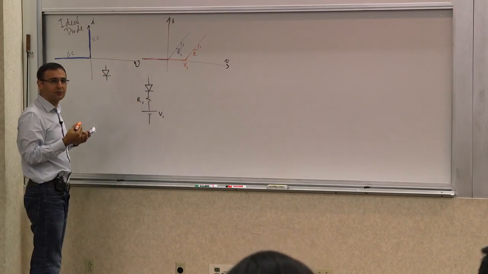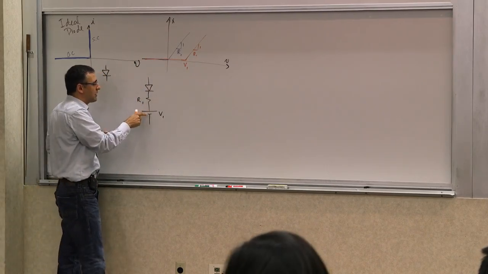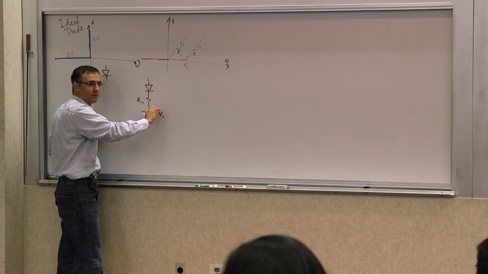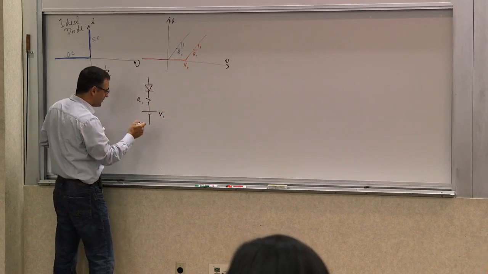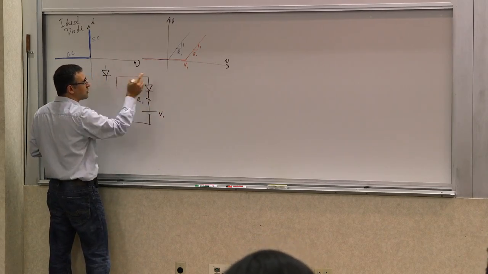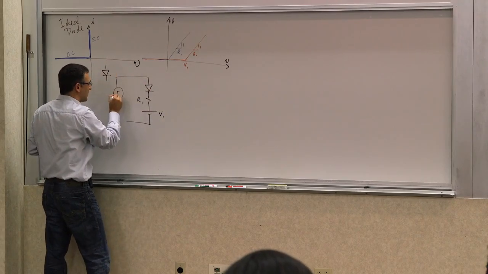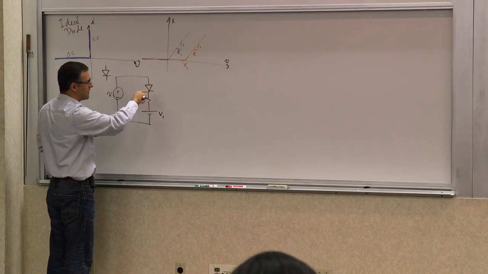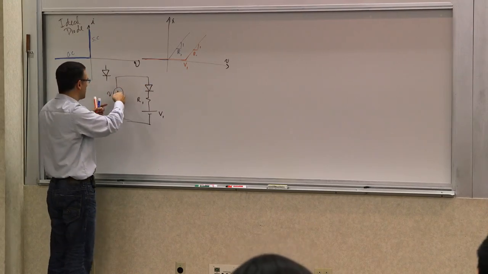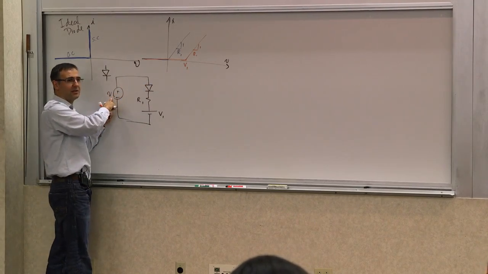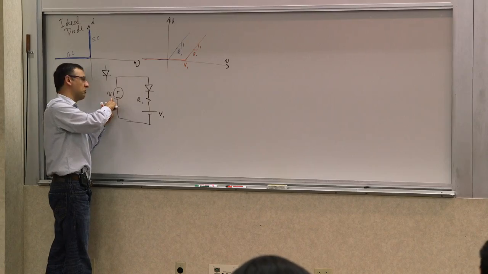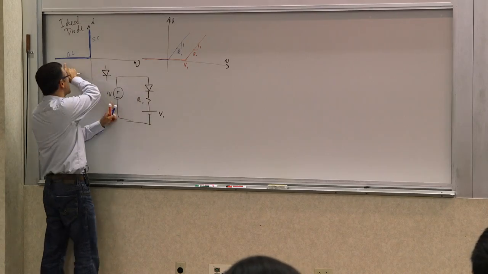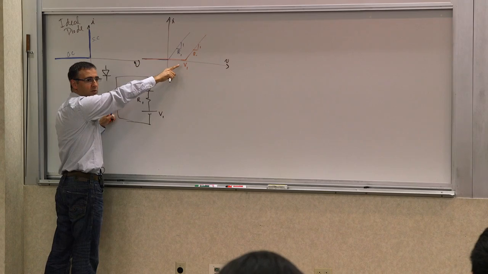Now, why is that? Again, to refresh your memory. Let's say I have a 1-volt voltage here, and I'm applying an external voltage, this V, to see what happens. So I start changing this voltage. When this voltage is negative, a large negative value, the diode is reverse biased, so it is open and no current flows.